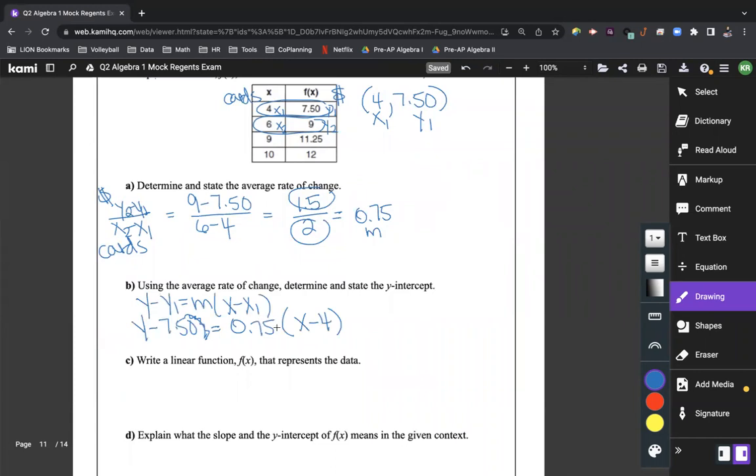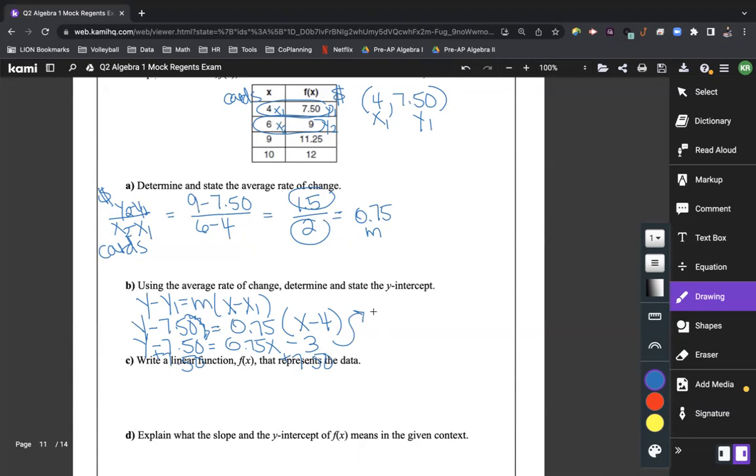Now, going ahead and distributing, so this will be y minus 750 equals 0.75x minus, now, what is 0.75 times 4? That's 3, okay? Now I have to add the 750 to the other side, plus 750, plus 750.